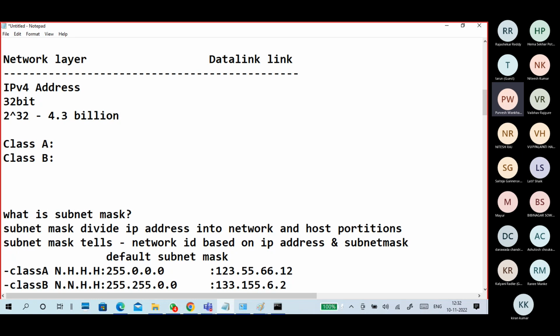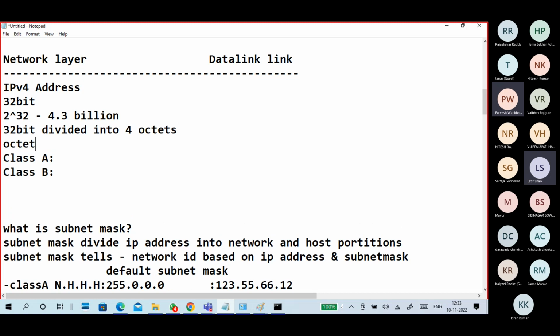This IP address is divided into 4 octets. It's 32 bits divided into 4 octets. Each octet has 8 bits, which is why it is called an octet. 8 bits means 2 to the power of 8, which is 256.